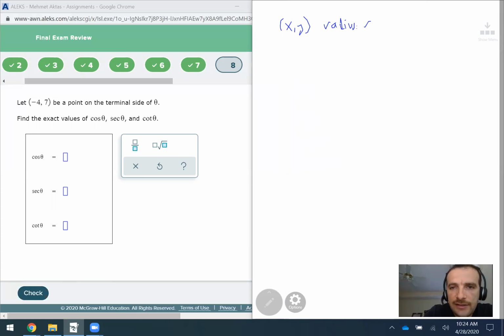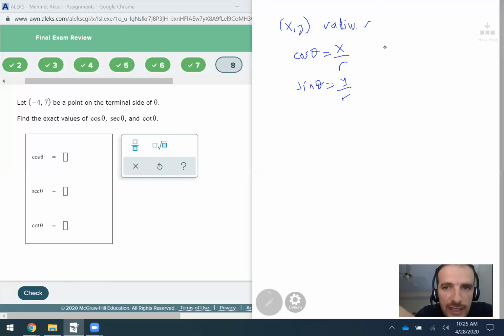Then cosine theta is equal to x over r. Sine theta is equal to y over r, right? And on the unit circle, r is 1, so cosine is x and sine is y, right?